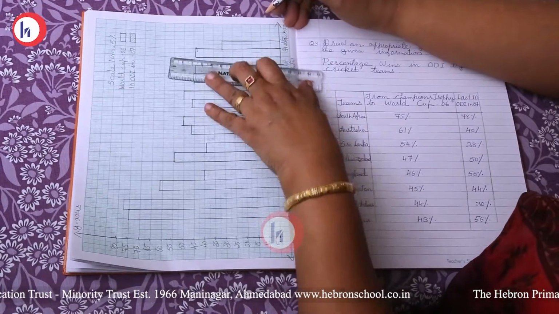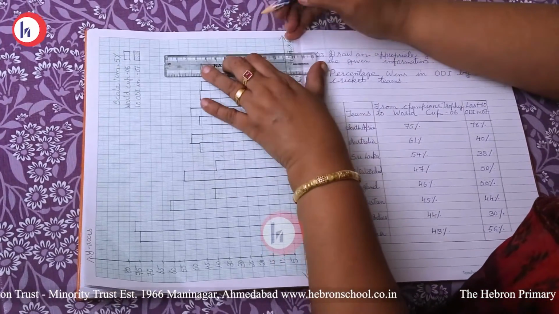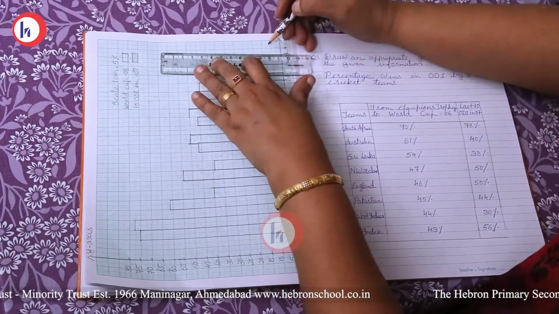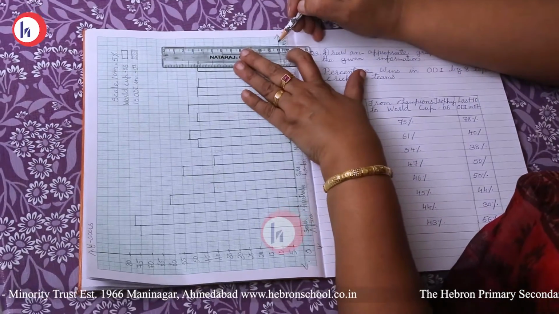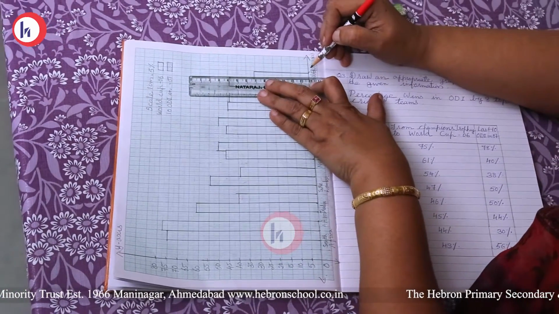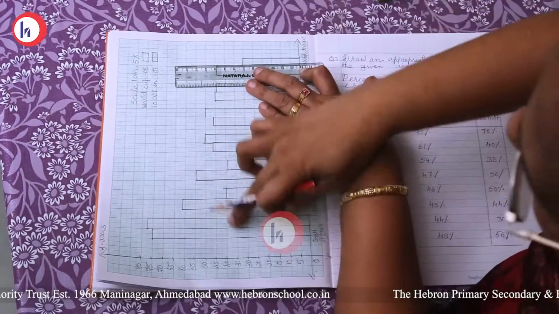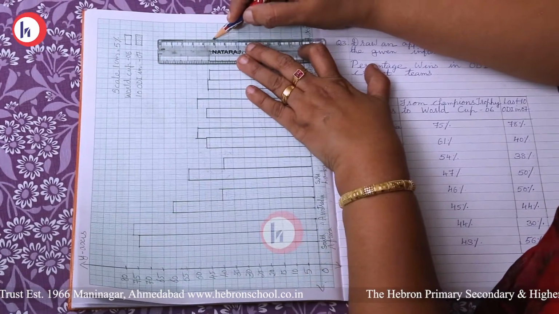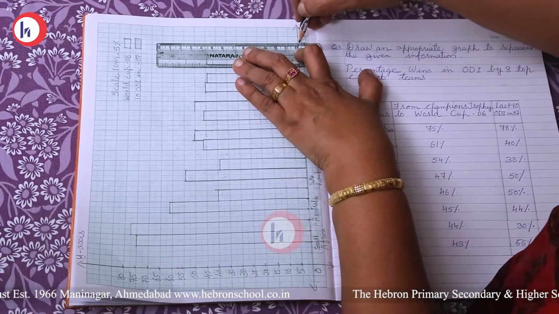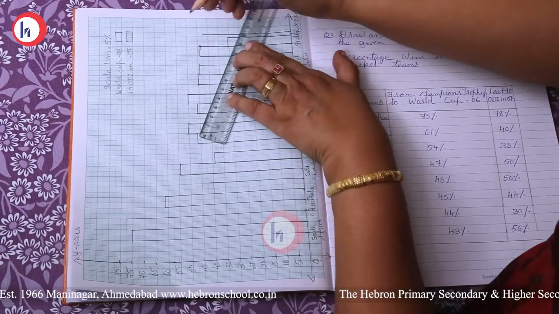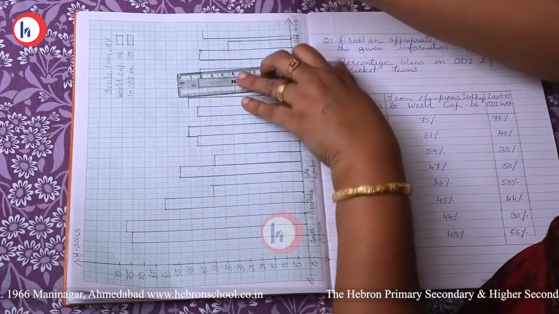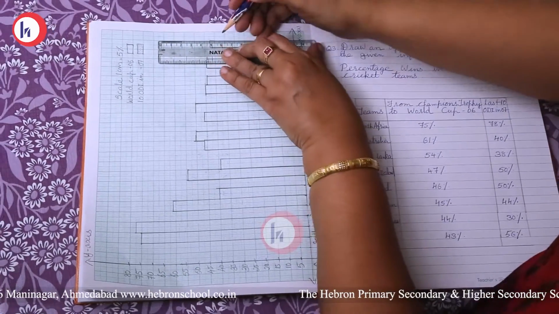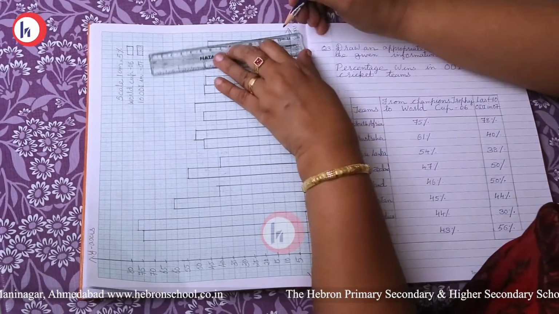Then last we can see India. India is just 43 and 56. 43 and 56.